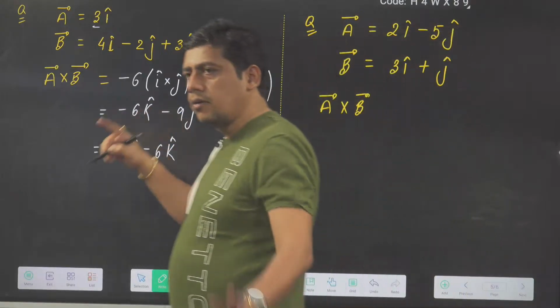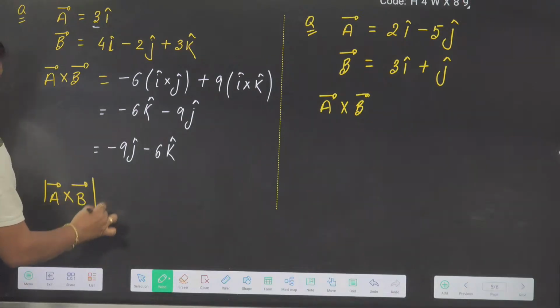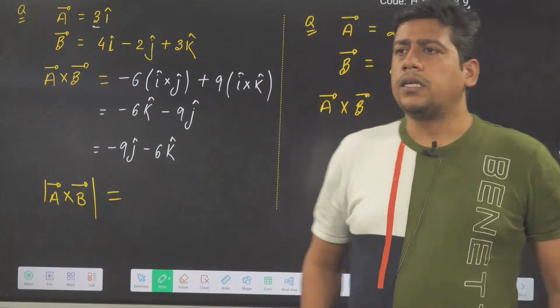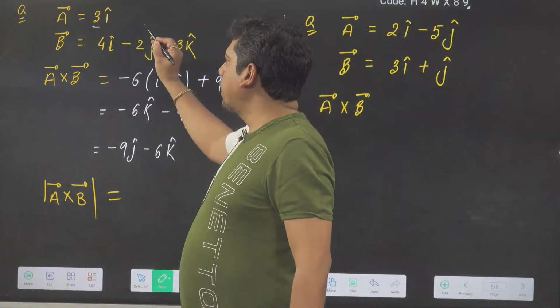One more thing. Sometimes they might be interested in A cross B mod, the magnitude of A cross B. Then don't find the magnitude here and multiply.